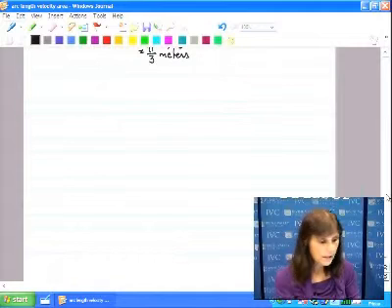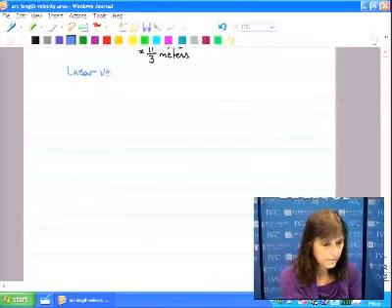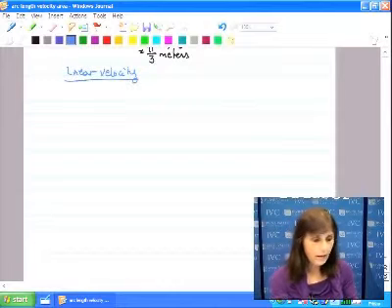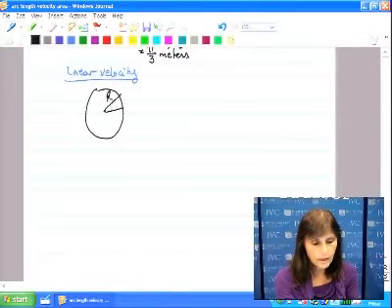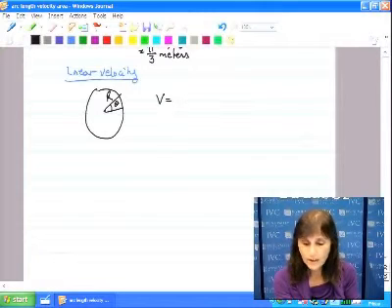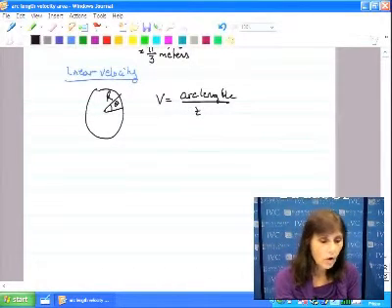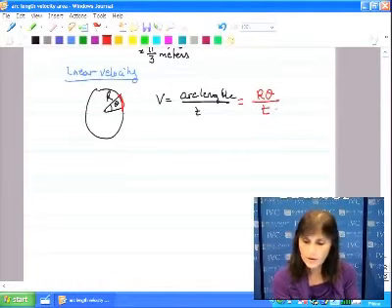The next concept is linear velocity. Now, again, if you have a circle, you have the center, you have the radius, you have the angle. The linear velocity, v, is the arc length divided by time elapsed. So you calculate your arc length, which happens to be r times theta, divided by time.